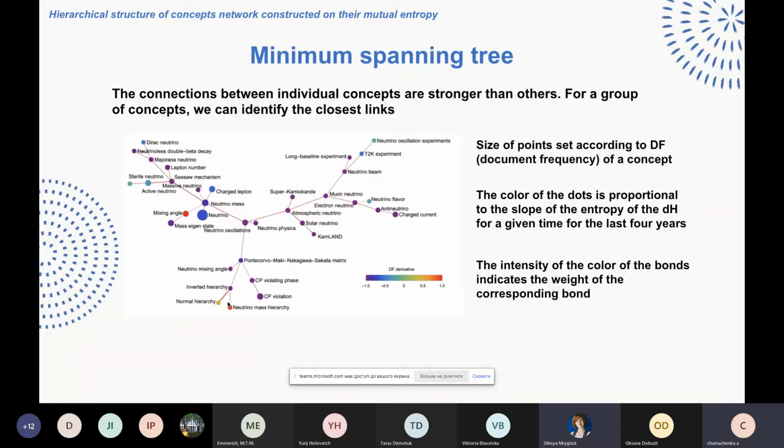And another question is, well, as I understood, you took only keywords provided by authors themselves. No, it's not correct, because it's not the keywords provided by authors. It's the keywords which were collected by ScienceWise from all the papers that they have.